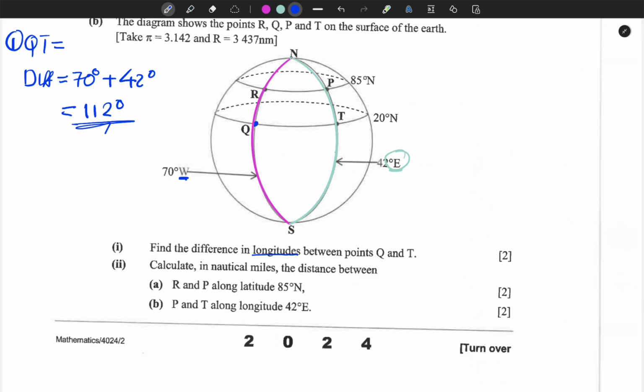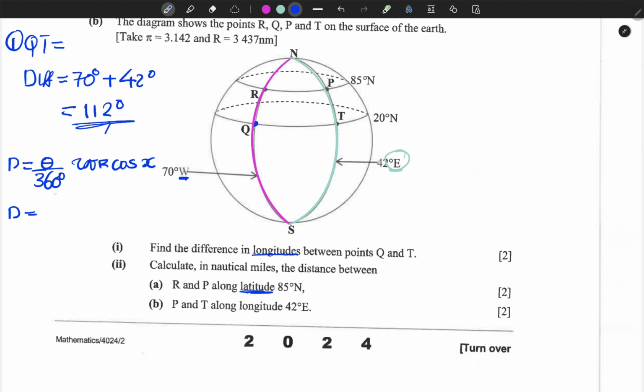So Roman number 2, calculate in nautical miles the distance between R and P along latitude. So it's along latitude. Therefore, the distance is equal to theta over 360 degrees times 2 pi r cos x. As long as it's along latitude, you need to put cos x.